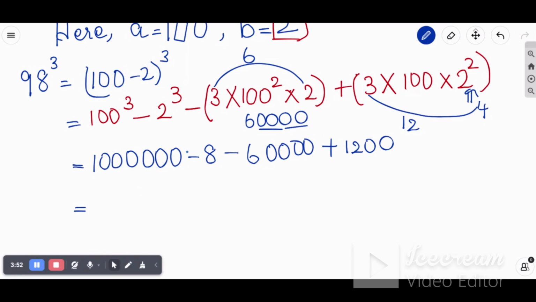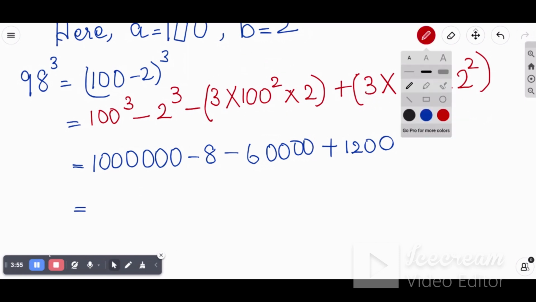For safer side, add all the positive signs together. So what are all the positive signs? This is your 2 and then, so this is your 10 lakhs, right?